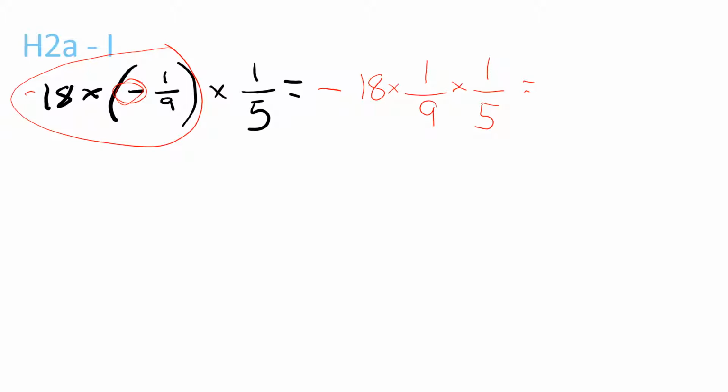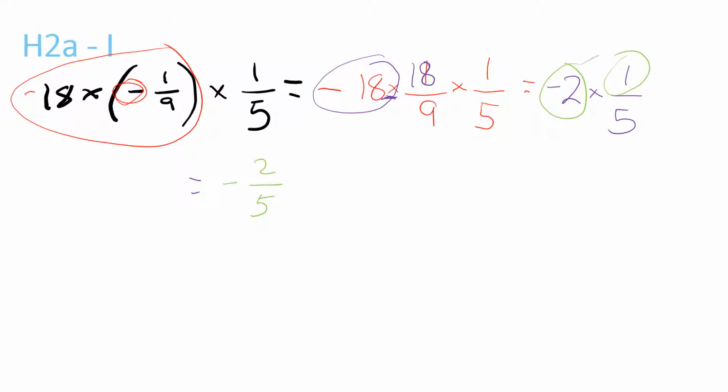For this one, -18, you put the 18 over 9, so you've got -2 times 1/5, that equals -2/5. Because there's only 1 here, you put the 2 up there and the negative here.